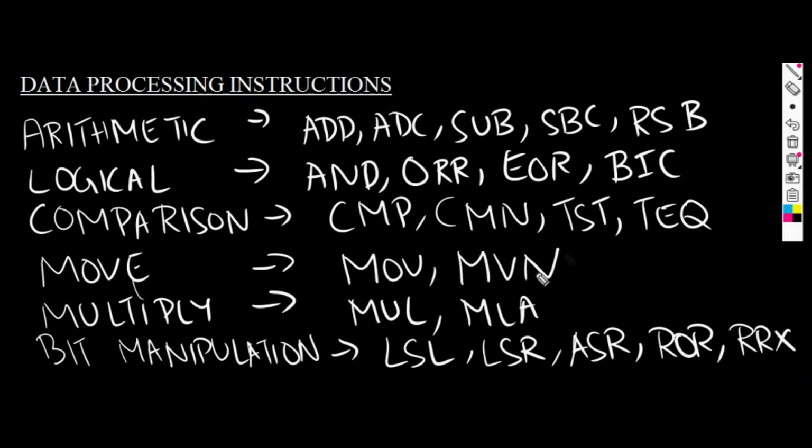Okay, these are the different mnemonics which later get converted to the opcodes. Opcodes are the binary versions which can be understood by the processor, whereas mnemonics are human readable versions of the same instructions.